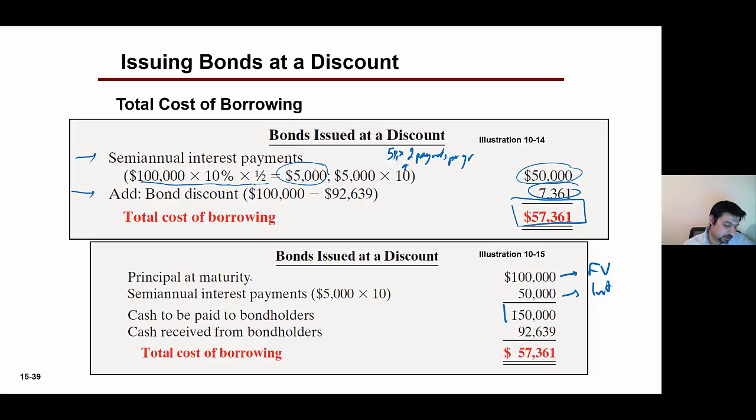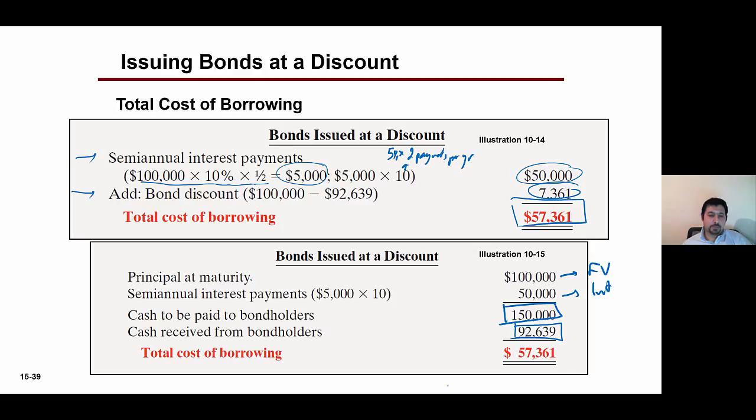This is the cash that the company will eventually pay to the bondholder, whatever the company will pay until maturity. It will be the face value plus 10 payments of 5,000, so 150,000. The amount of cash that the company will receive at the beginning when they sell those bonds is 92,639.